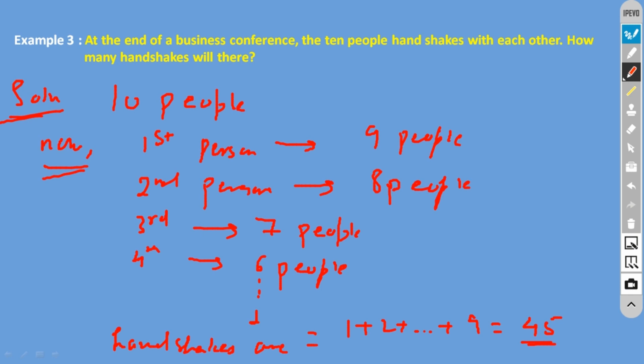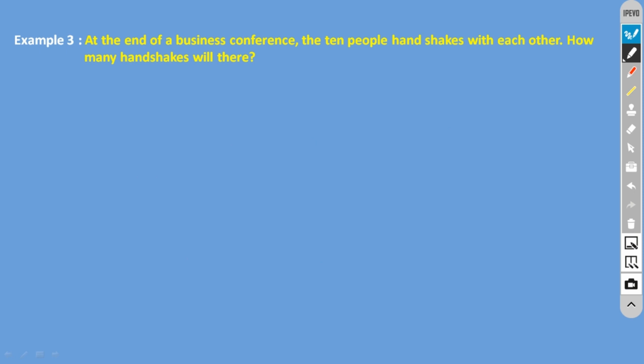Isn't it a wicked answer, right? I hope you understand this. Again, if you have a problem adding these numbers and you want a trick to do the sum quickly, we can do that. If you have 1 plus 2 plus 3 plus, with no difference of 2 or 3, right?